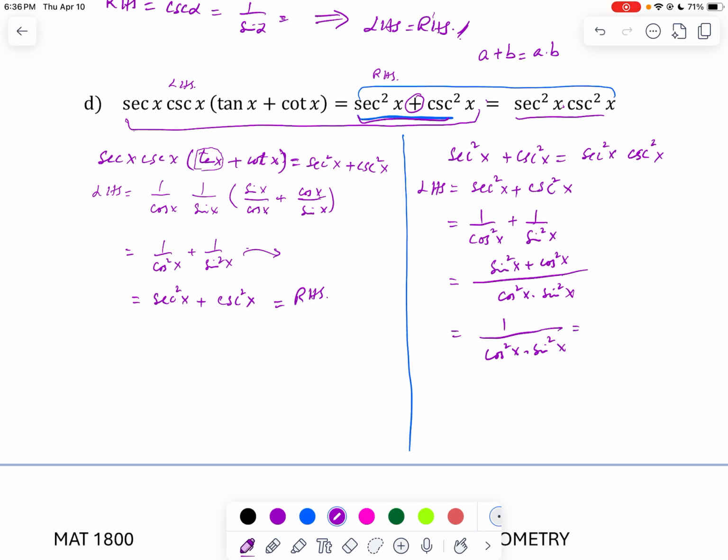So we can write it as 1 over cosine square is secant square, and 1 over sine square is cosecant square. So what we have shown.